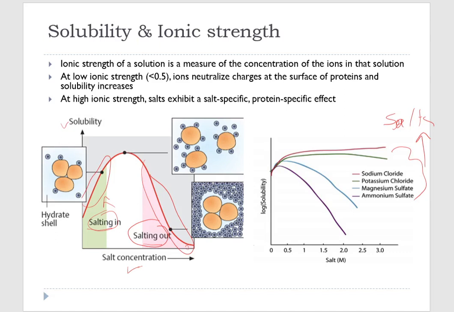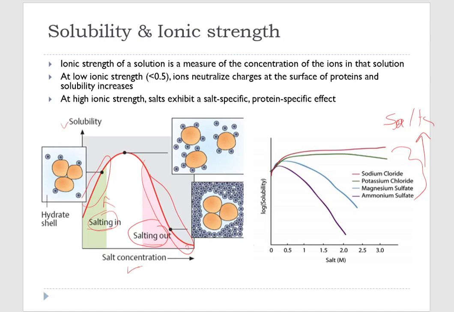So we decrease the electrostatic interaction between protein molecules. So water goes between protein molecules and forms electrostatic interactions between protein and water. Okay, this increases the solubility of proteins in water.